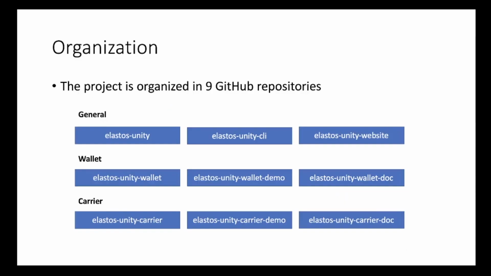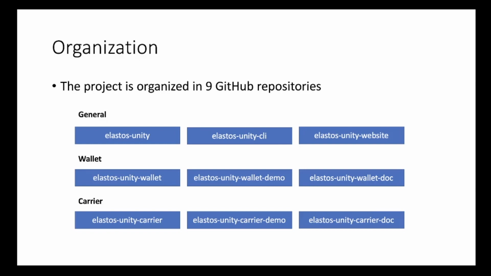The project itself is divided in 9 different GitHub repos that I categorized here in 3 different parts: general, wallet, and carrier. The general part contains the Elastos Unity, the main repo with links and information, the Elastos Unity CLI, which is the command line interface to create a boilerplate React Native app containing all the wallet and carrier functionalities, and the Elastos Unity website, where the code of the website is located.